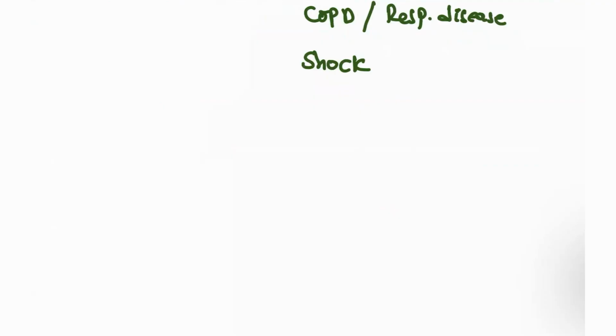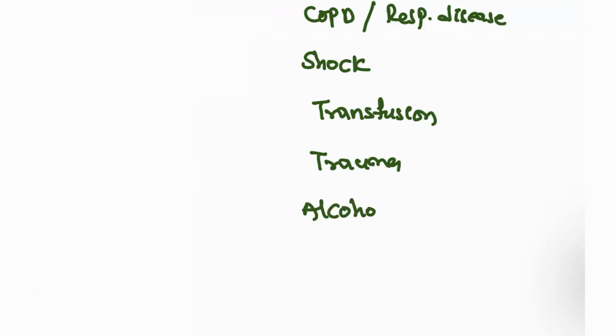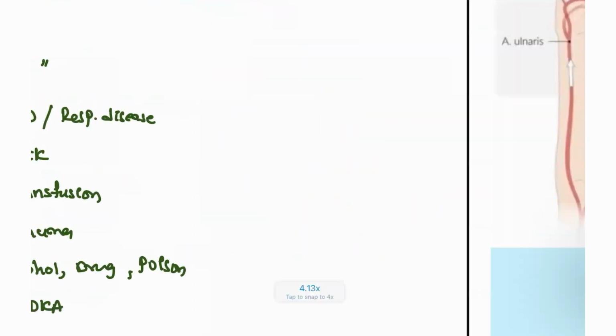We can also get it in patients going for transfusion and trauma care, alcohol abuse patients, drug abuse, and poison intake patients. In diabetes mellitus, DKA patients we also monitor. And in which patients is it contraindicated?